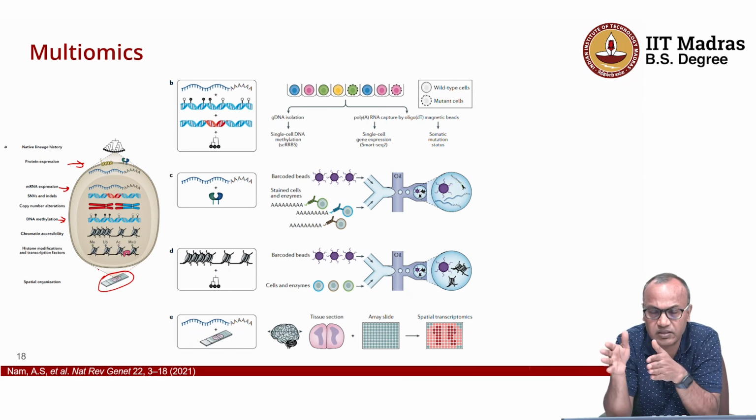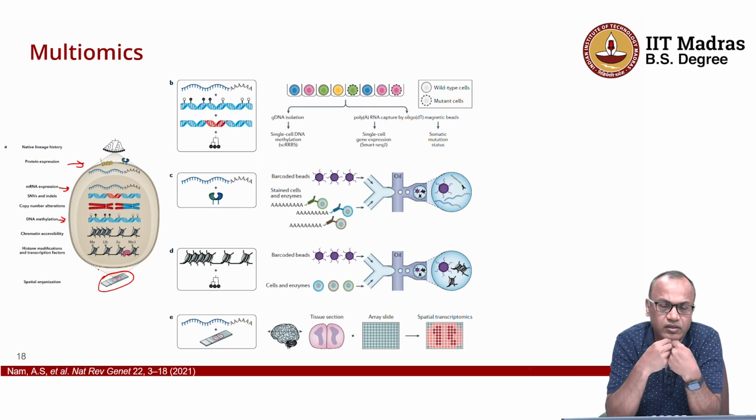Each of these layers of information are not connected directly one-on-one. There is a lot of information buffering, there is a lot of information amplification, and these buffering systems and amplification systems are very context specific.